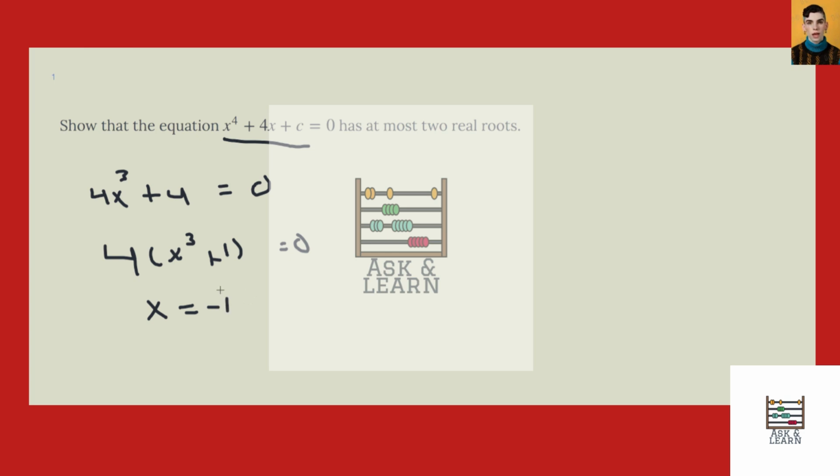So since this is the derivative, and we know that x is equal to -1, we know that at x equals -1, some sort of extrema occurs. So some sort of local min or local max occurs.